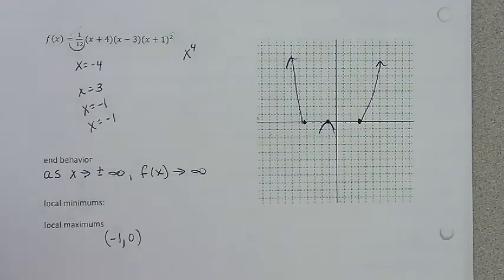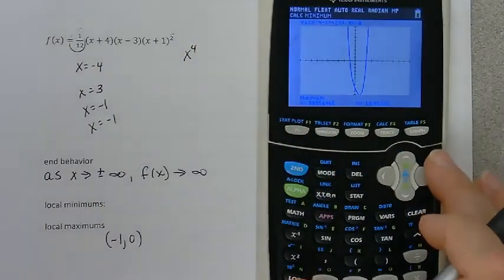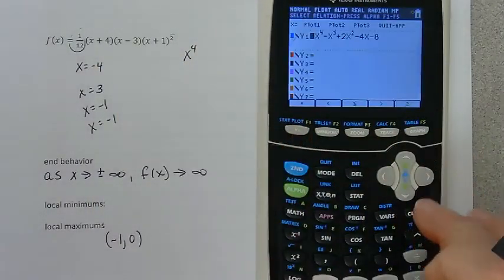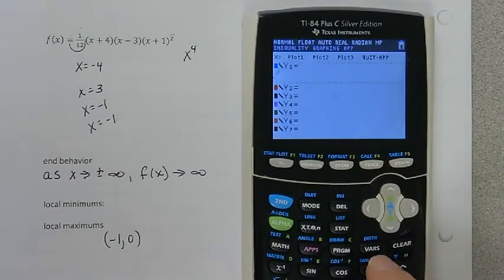Now I just have to find my minimums, and this time there are 2 of them. We don't have to multiply this out. We can put it in the calculator just like it reads. So I'm going to hit clear here so I can type in a new one.